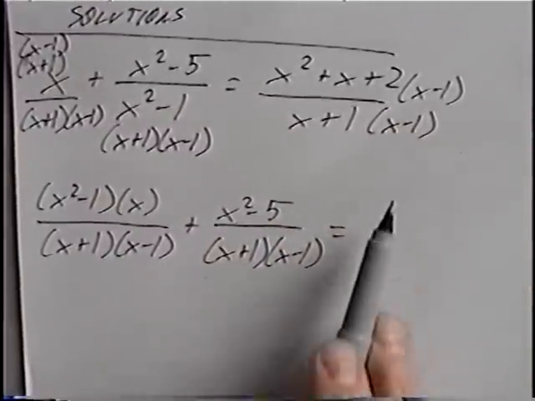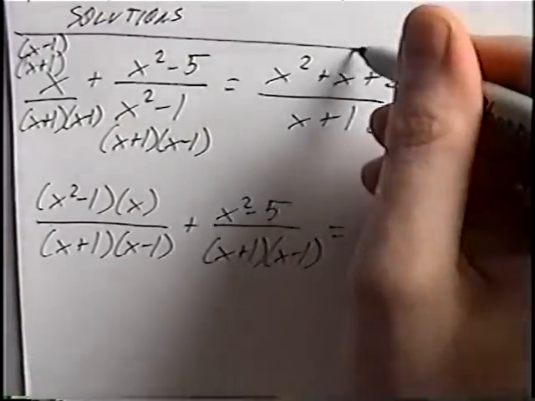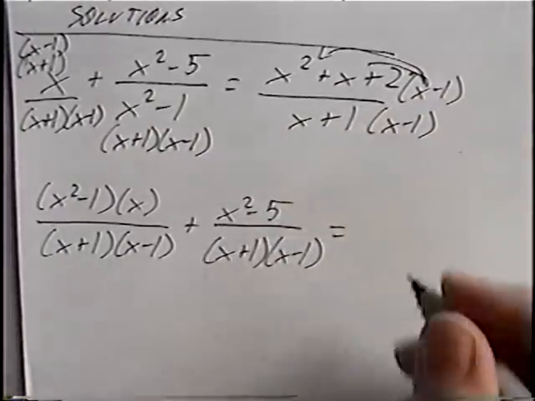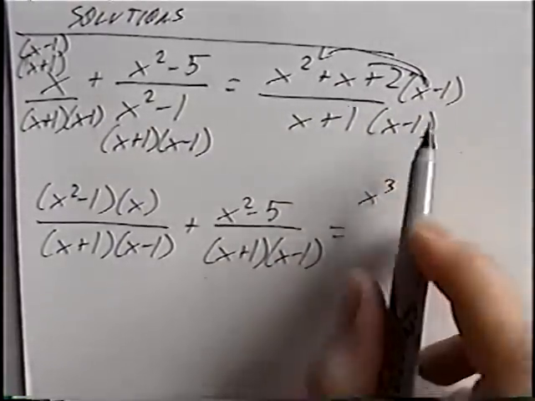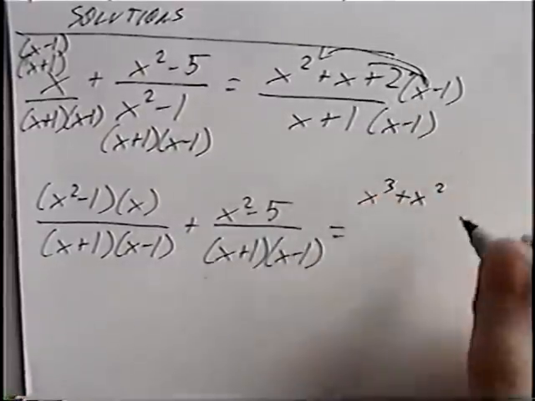And the second fraction, we can begin to multiply this out. This x will be distributed to each of these terms, which would be x times x squared, x times x, and x times 2.